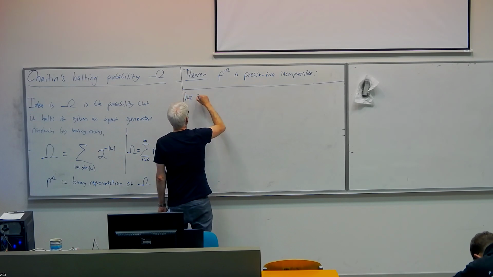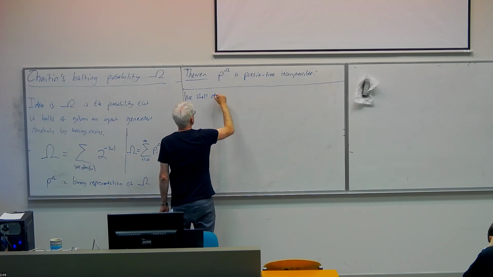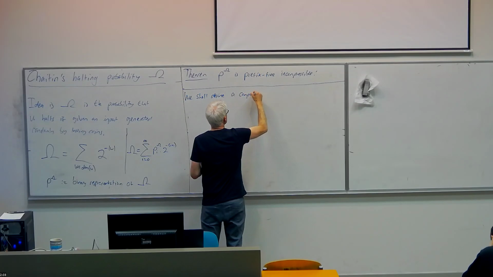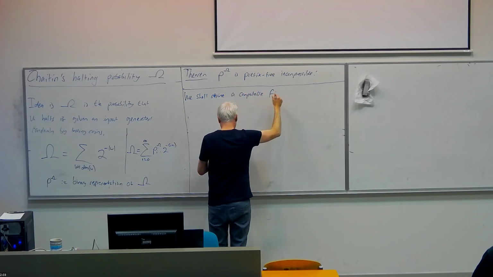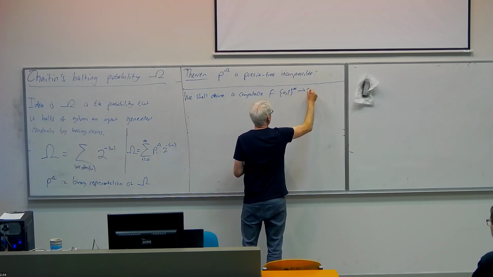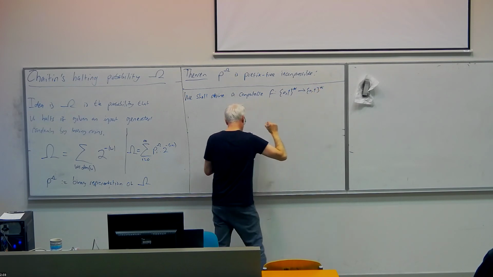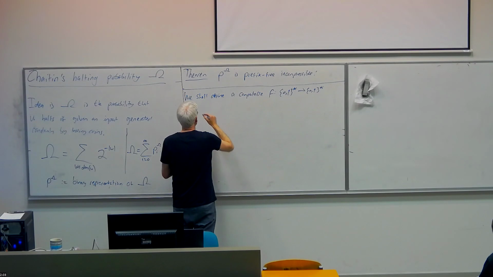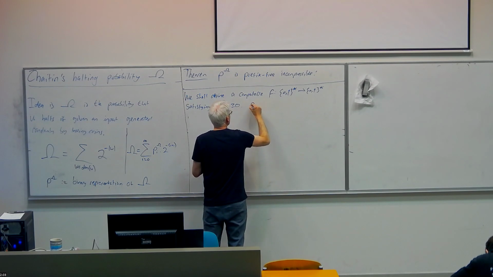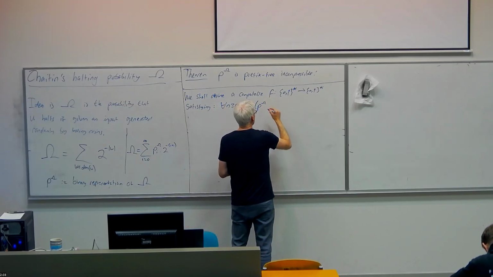So we shall define a computable partial function f on binary words, satisfying that for any n greater than or equal to 0, f is defined on the prefix of omega of length n.